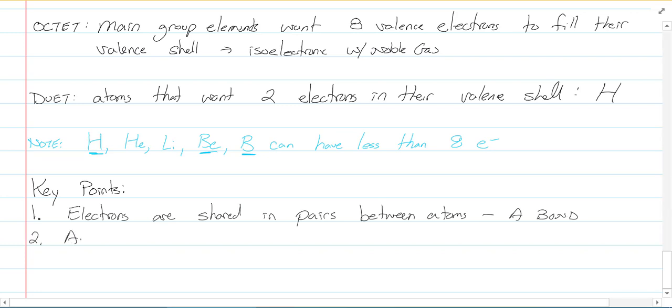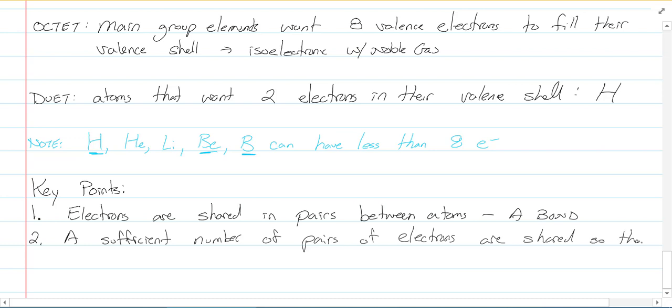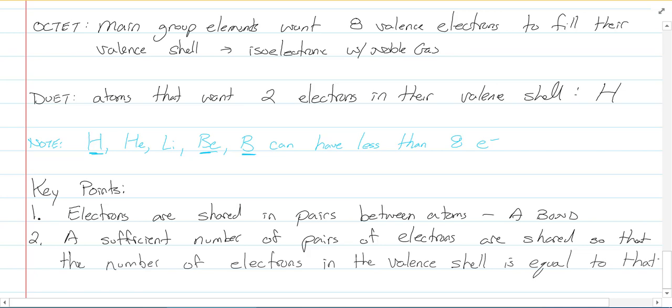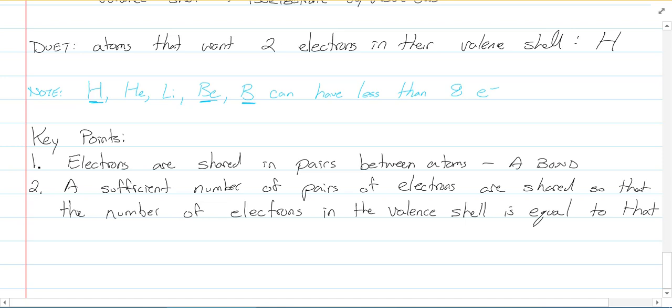And 2, a sufficient number of pairs of electrons are shared so that the number of electrons in the valence shell is equal to that of the next noble gas.